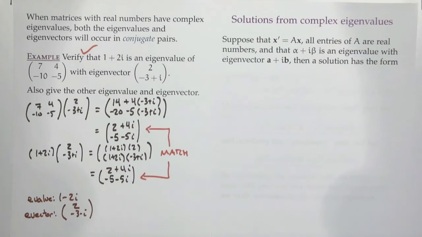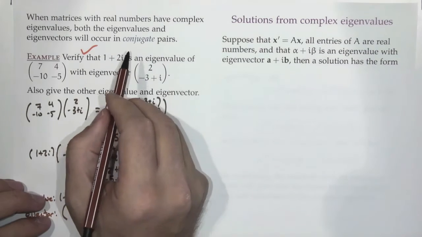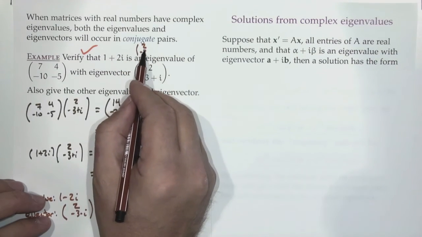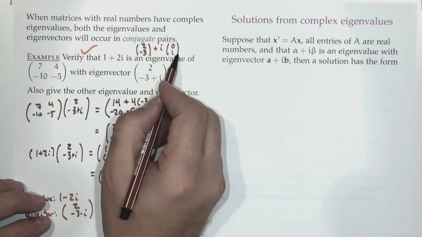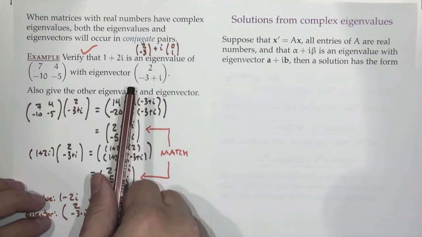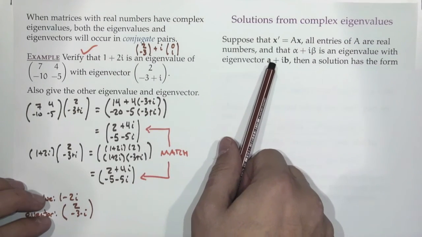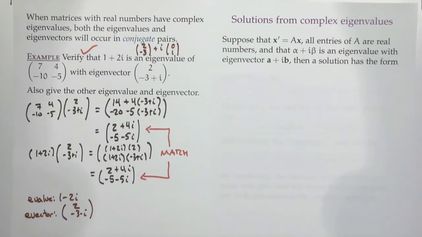You see this (2, -3) plus i? This can also be written as (2, -3) plus i times (0, 1). So this first part, (2, -3), acts as the a. This second part, (0, 1), acts as the b. So you find your eigenvalue, you find your eigenvector, which will have complex parts, you pull it apart.